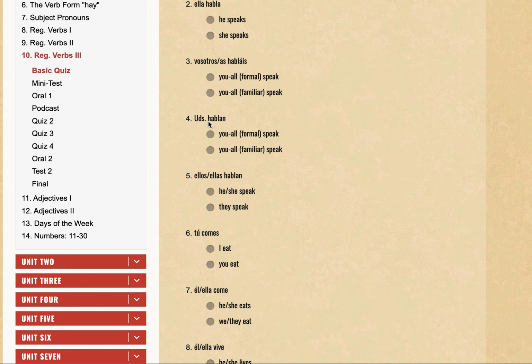So for AR verbs it is an, for ER verbs or IR verbs it is en.